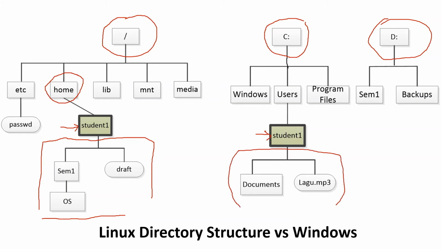All the users in the Windows structure are stored under the Users folder, while in D, the user can store all the files and data that they want to store.